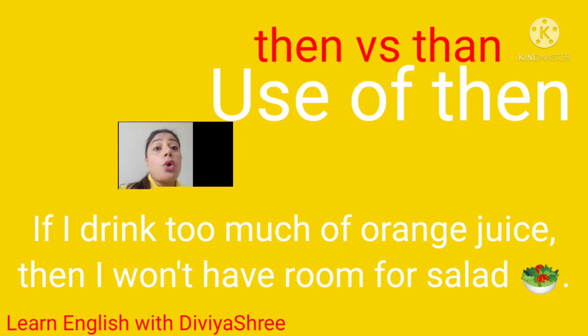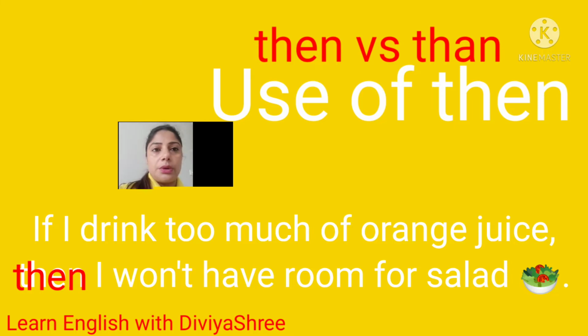It is like one thing is coming after the other. It's not a comparison when you are using THEN. When you are telling about something and after that the other thing is there, either waiting or you are going to do it, then we use THEN. Are you getting this point?